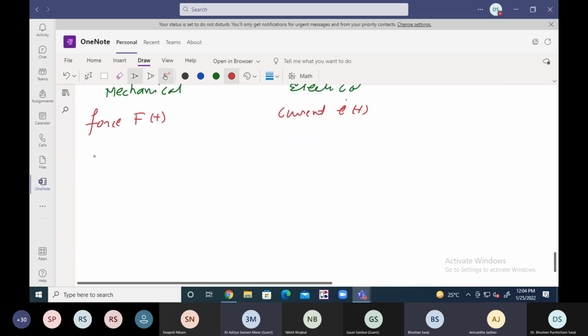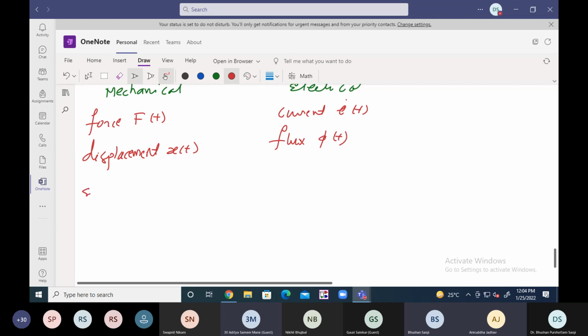Here displacement x of t, and here the flux phi of t.